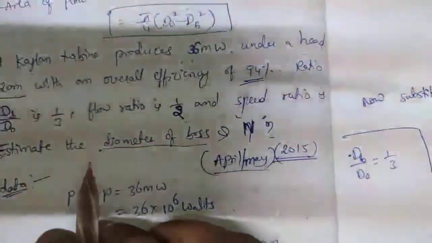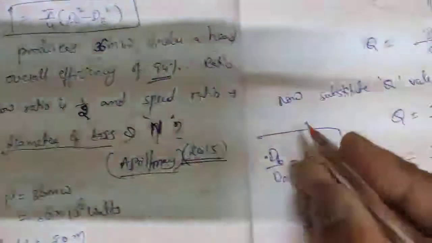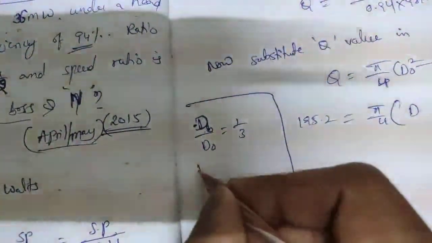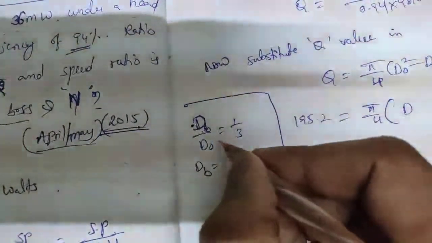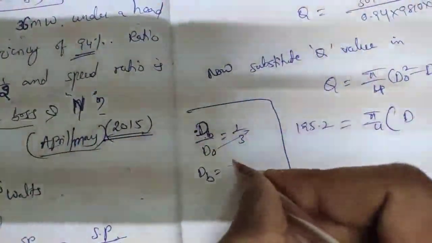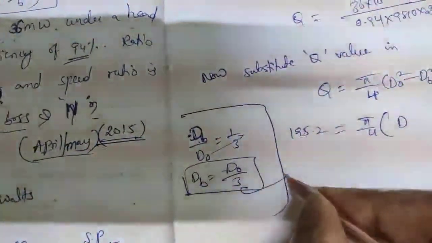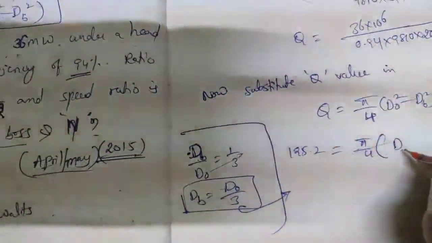But in the question we need to calculate dB, so dB equal to d naught by 3. Substitute this in this equation.